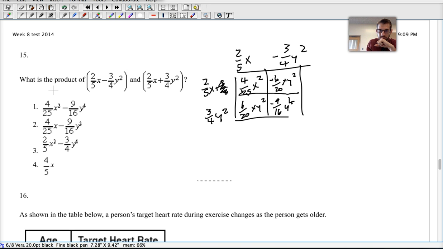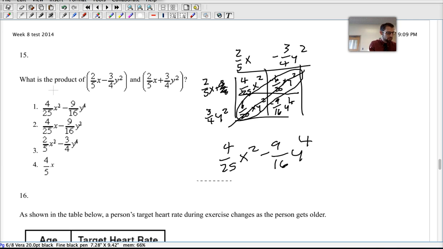So I'm going to cancel this one here and this one here, because they're the same. So then I have 4/25 x squared minus 9/16 y to the fourth. So answer choice 1 again.